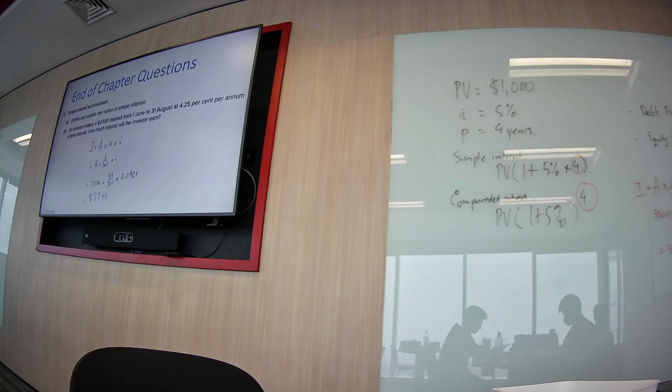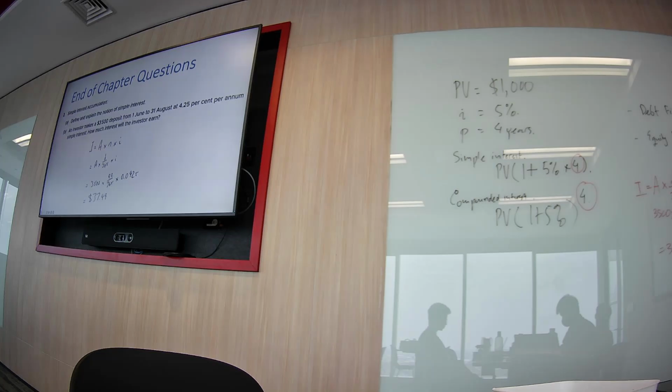3,500, and then you have 92 over 365 years. So this is the total you can get: 3536.912, and the interest you get is 36.91.